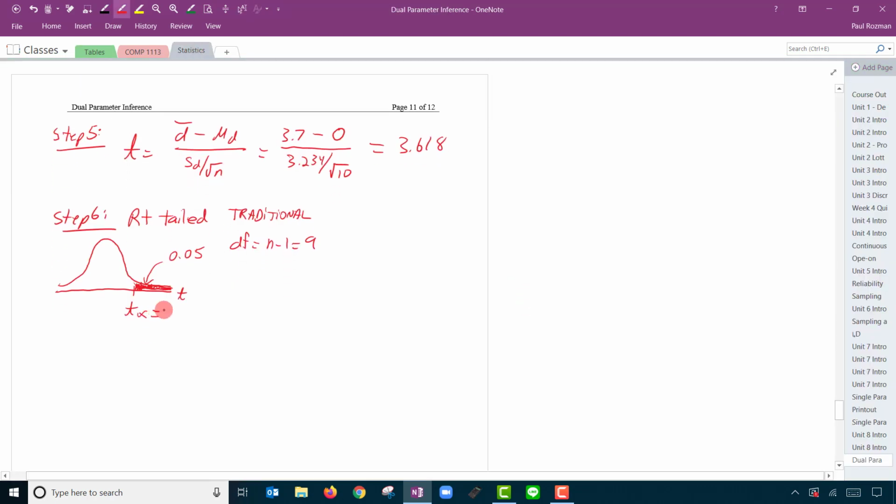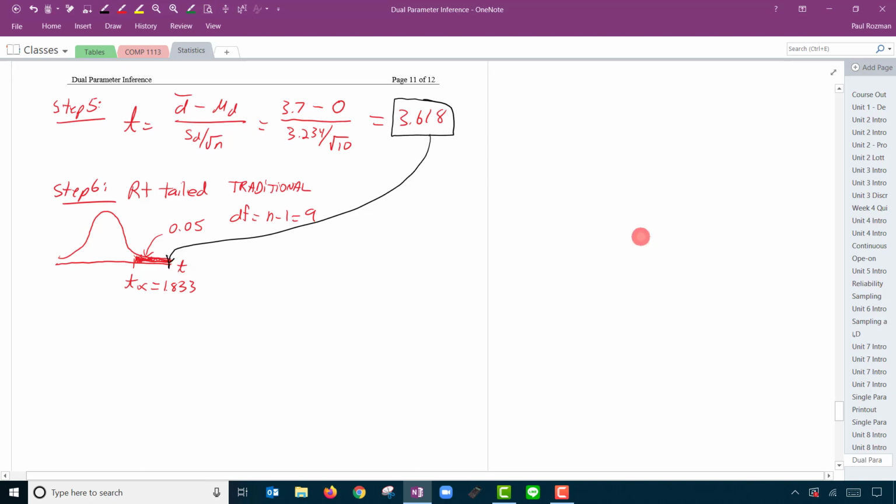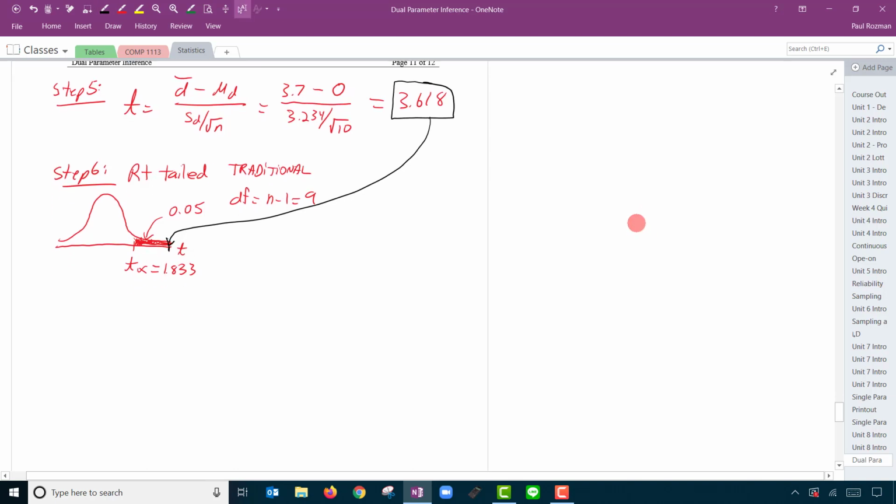And that's our critical value. You notice that our test statistic is quite a bit bigger than that. It lands way up here somewhere. So it's in the rejection region.